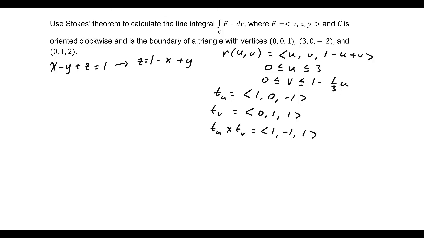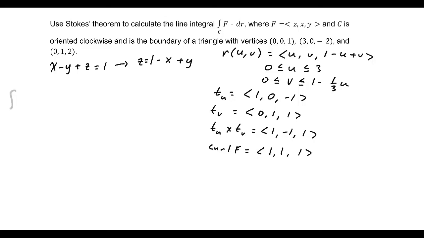That's necessary for our integral, of course. Now, also, we need to notice that the curl of f, go back and be able to calculate that, but the curl of f with this parameterization is equal to ⟨1, 1, 1⟩.